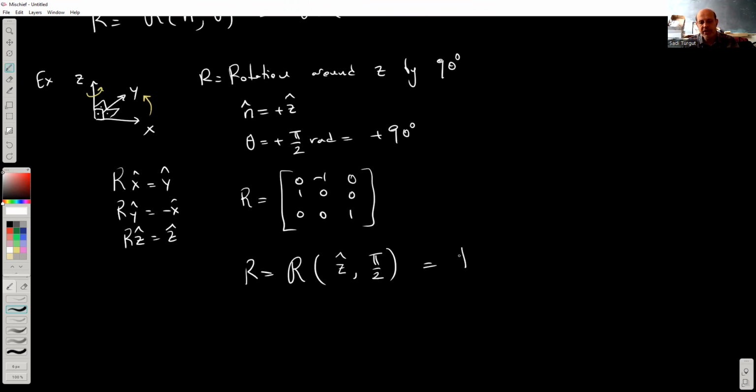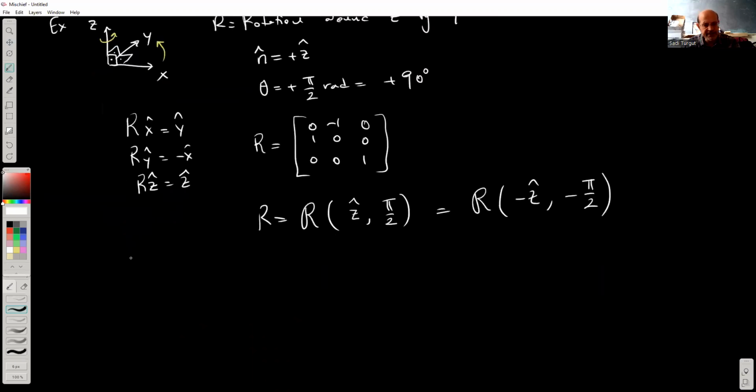But I can also describe the same rotation by a rotation around minus z-axis by minus 90 degrees. Why? Well, in that case, so that's x, y, z. How do I describe this in here? My rotation axis is minus z.